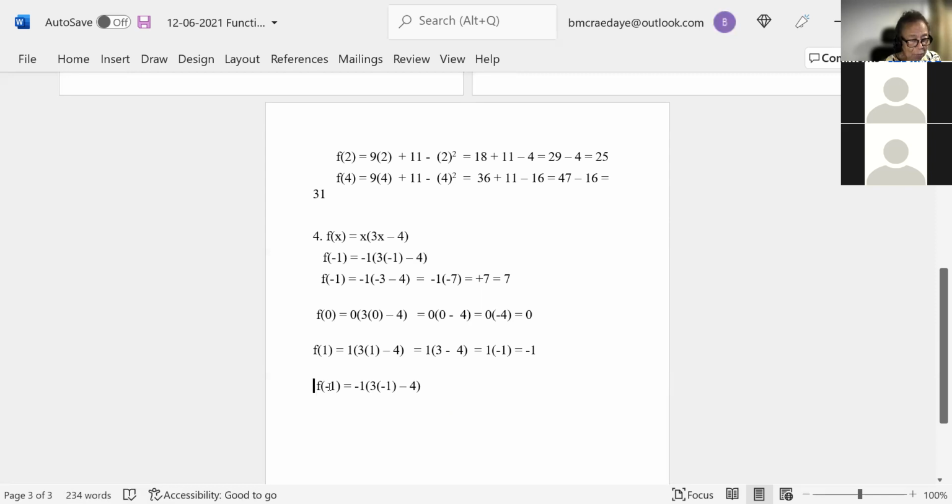I put a 3 here, and I put a 3 for the x instead of the -1. And 3 times the input would be 3 times 3, because the input is a 3. So that's multiplication, 3 times 3.